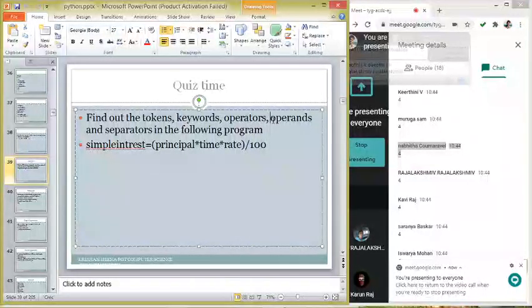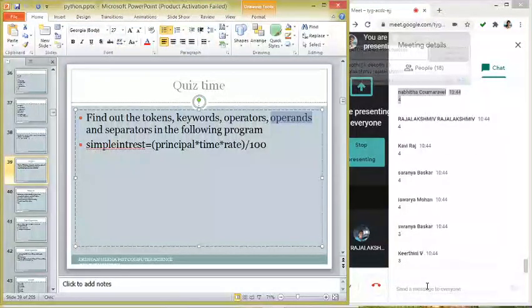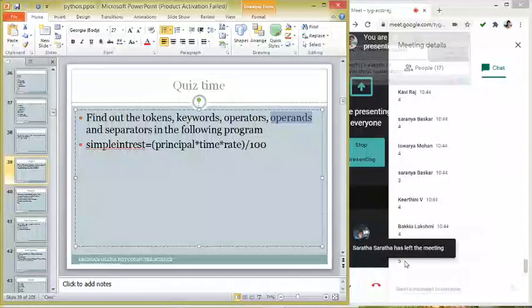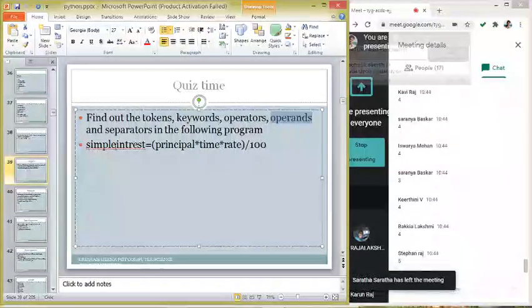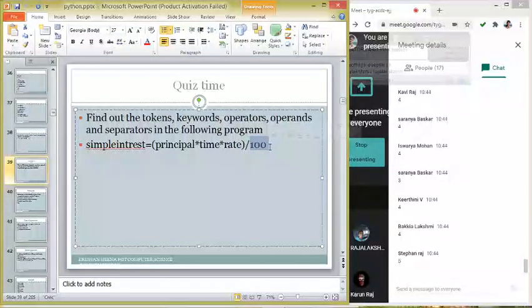How many operands are available? Stephen Raj is telling 5. Operand number 1, 2, 3, 4, and this is also operand number 5. Is it clear? So these many operands are available here.